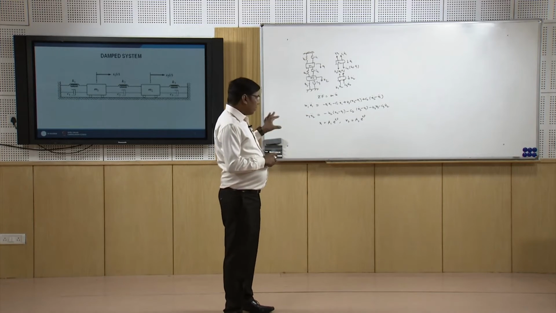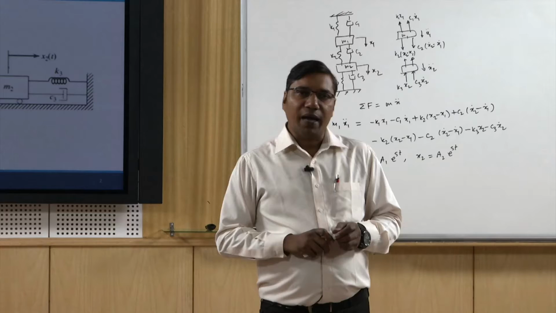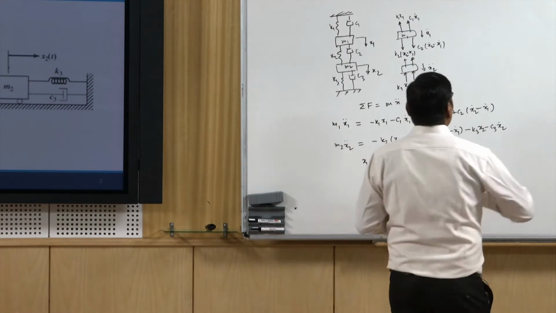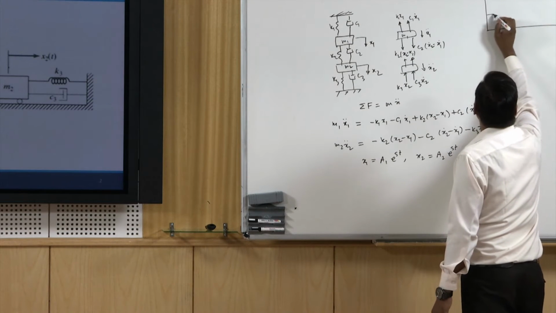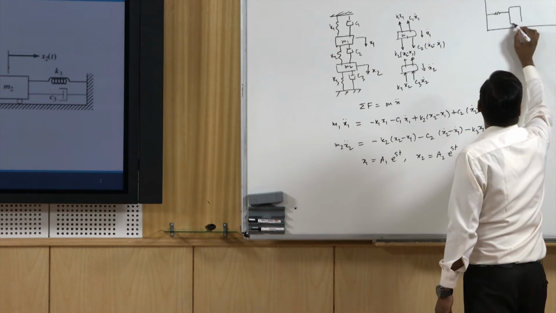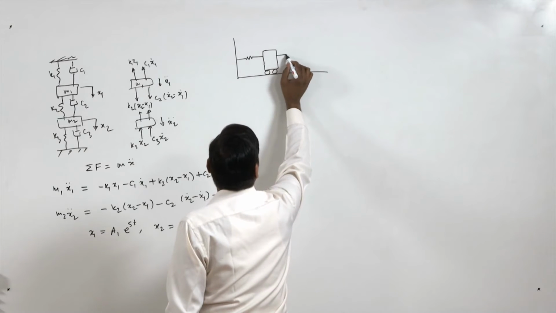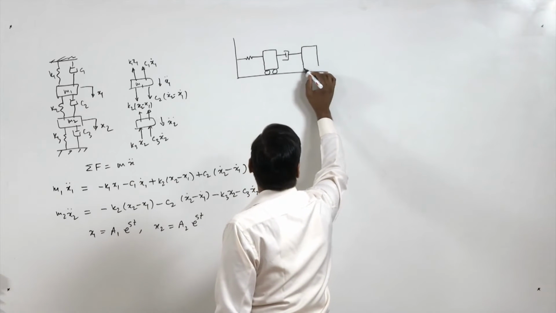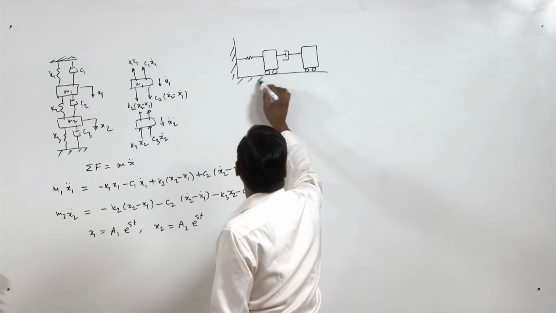So, rather than solving this system, we take some simple damped system to demonstrate. So let's say we have a simple system. So here is this mass, here is a damper, and then there is the second mass, and this is rigid.